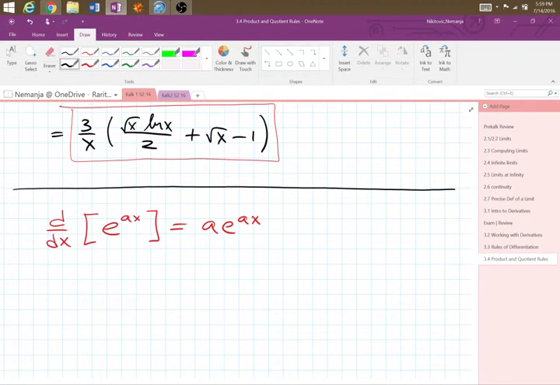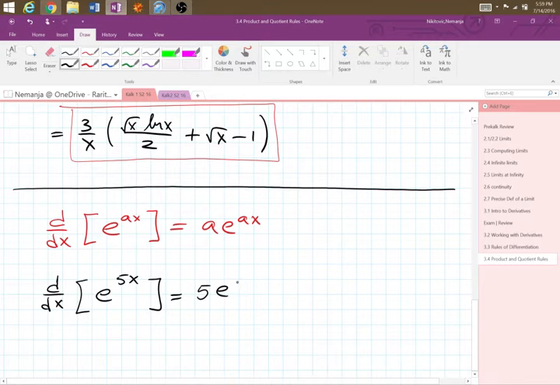So let's start with a simple one, and then we'll have one with the product rule in it. So how about, what is the derivative of e to the 5x? And the answer is 5e to the 5x. Very good. That's it.